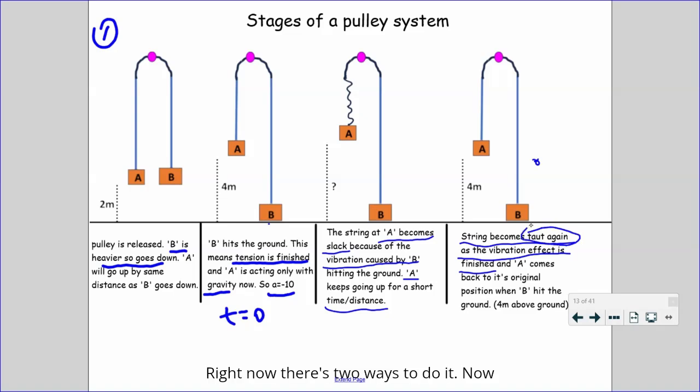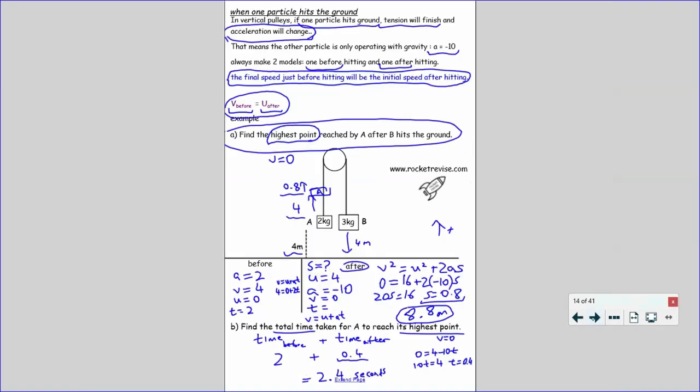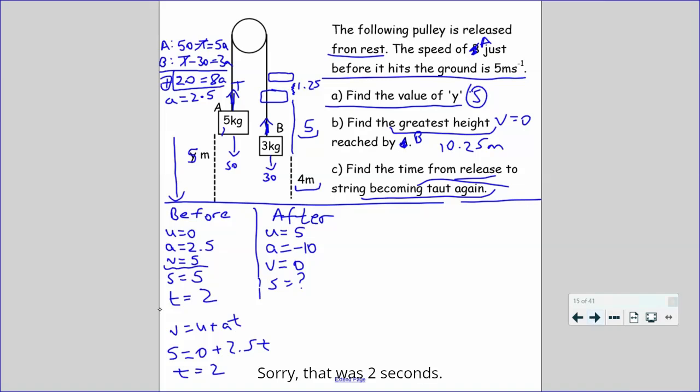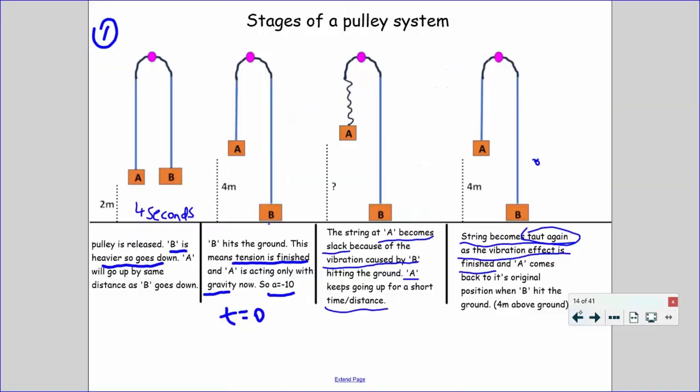Right, now there's two ways to do it. Now this is the before. This part we've already done, the time taken to hit the ground. We calculated as 4 seconds. Or was it? I'll recheck. Sorry, that was 2 seconds. Yeah. This is done now.